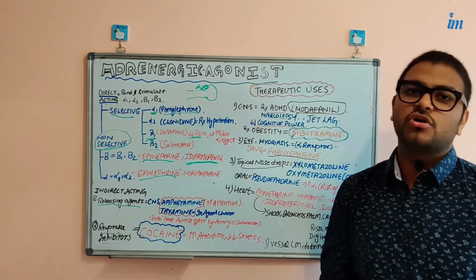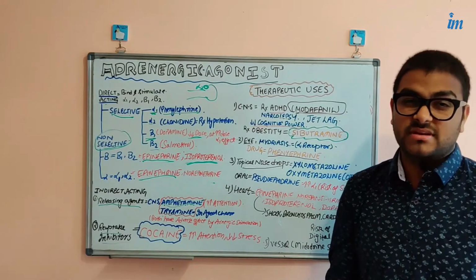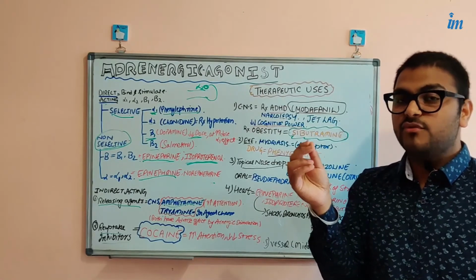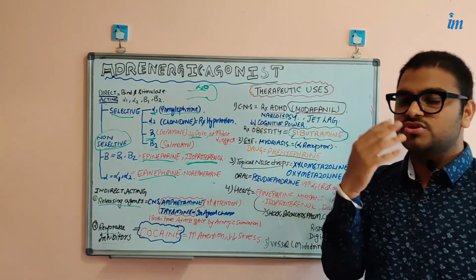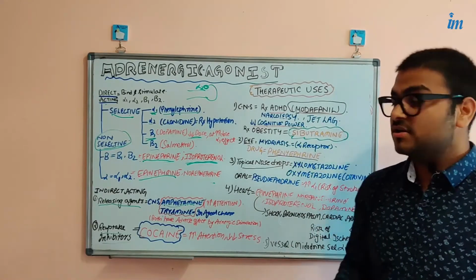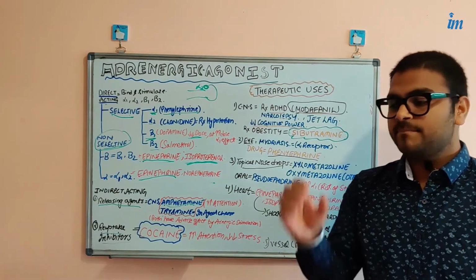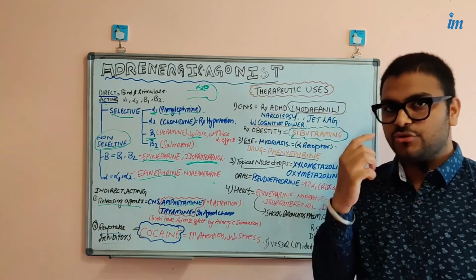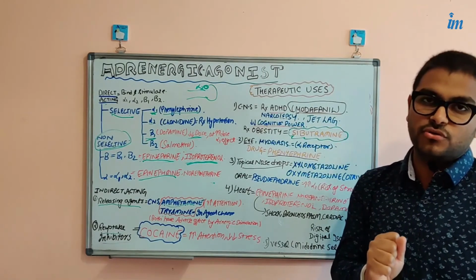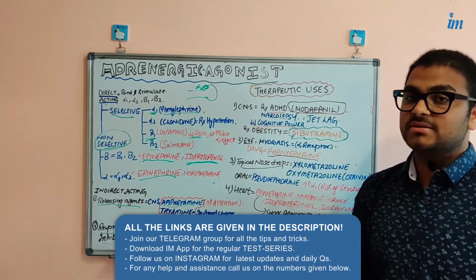And in the common cold or some flu, what you have is runny nose, nasal congestion, because all this fluid from your blood vessels is leaking into your nose, and is causing the congestion of your nose and problem in breathing. So we have again alpha 1 agonists that can just constrict the blood vessels in your nose. Yes, and because of constriction of those blood vessels in your nose, you will have less nasal discharge.